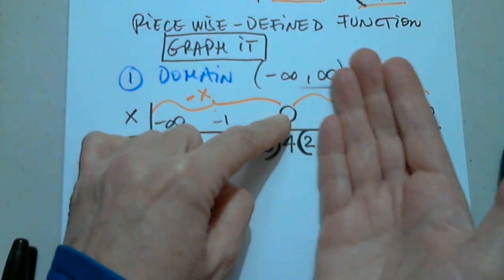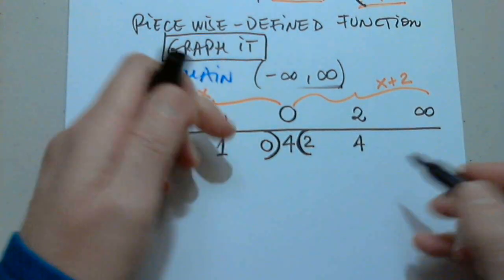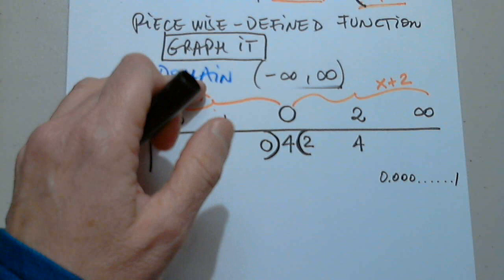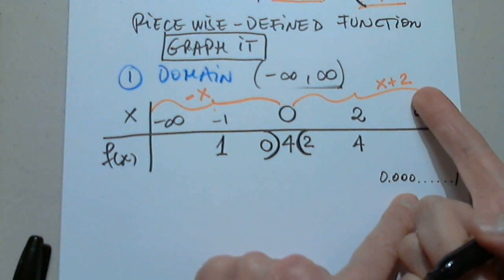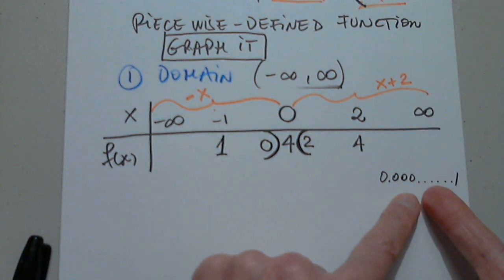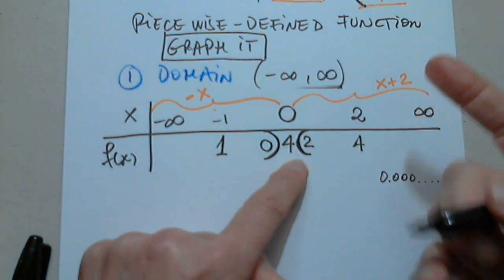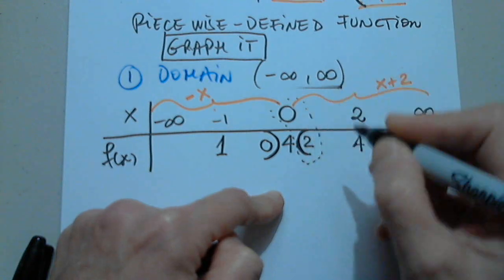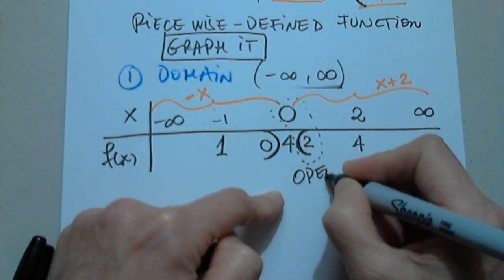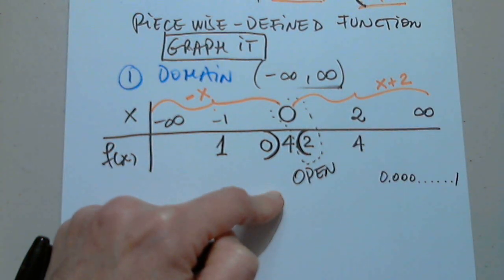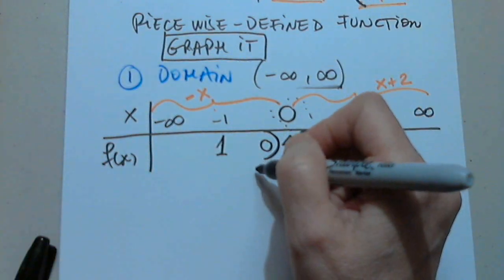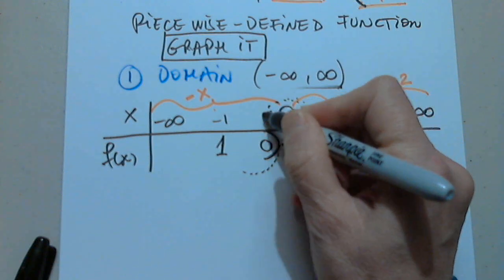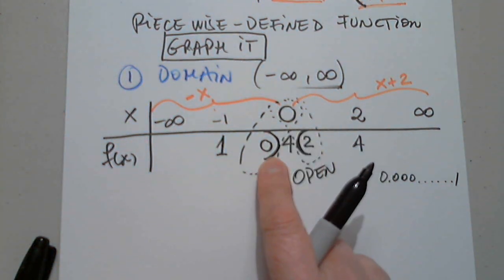The immediate vicinity of 0 will be, I'm guessing, 0.0001. Do you want to plug this in, x plus 2? Nobody wants to. So that's why I will plug in 0, and I will leave this point an open point. Again, 0, 0 will also be an open point because I'm not allowed to plug in 0.